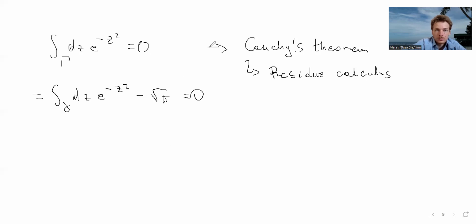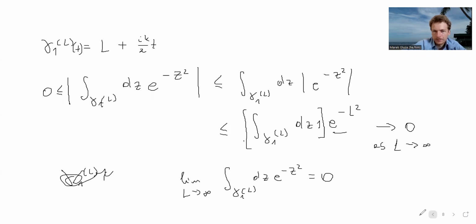So we get that our integral of dx e to minus, I think it was minus k half squared, is equal to square root pi as it was.